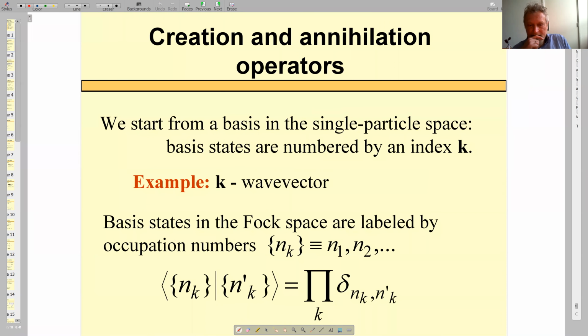So, creation and annihilation operators. Let us see where we are first. First of all, we define a basis in the space of single-particle states.